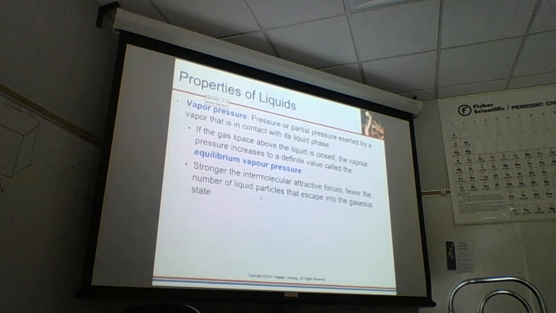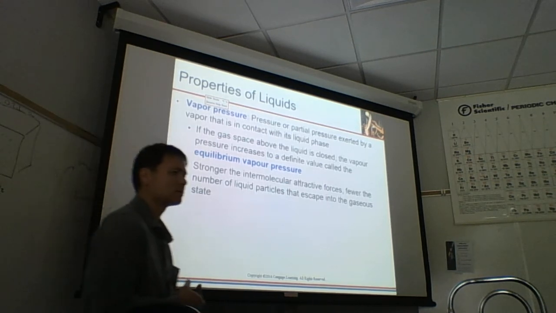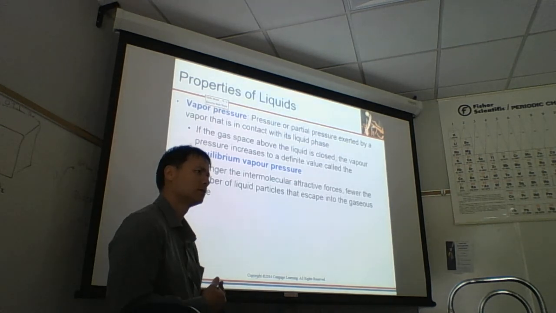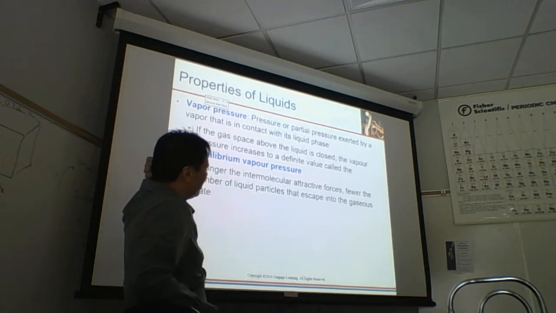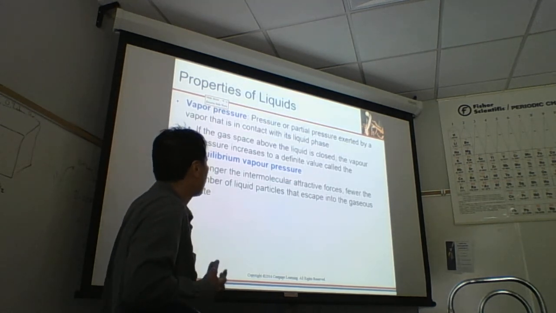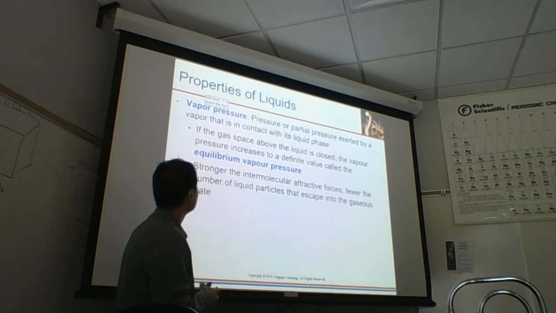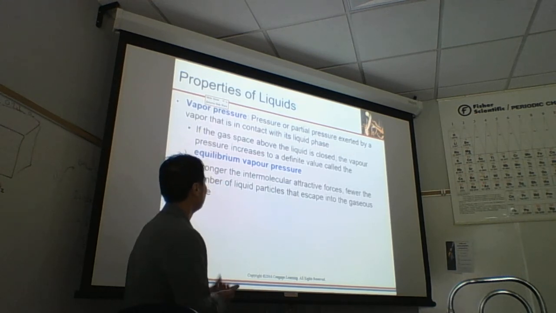Like, for example, maple syrup. Do you think maple syrup has strong attractions or weak attractions? Strong attraction. If something has strong attraction, is it more likely to vaporize or less likely to vaporize? Less. And so if we have strong attractions, do we expect a low vapor pressure or a high vapor pressure?